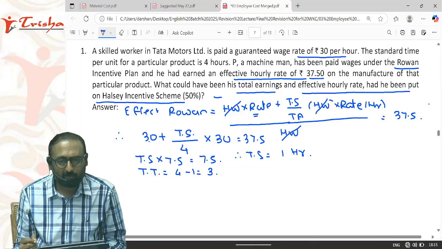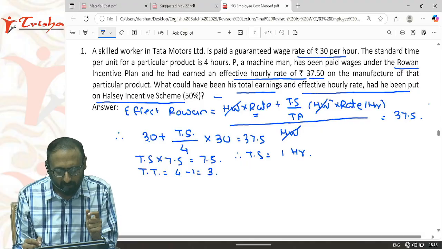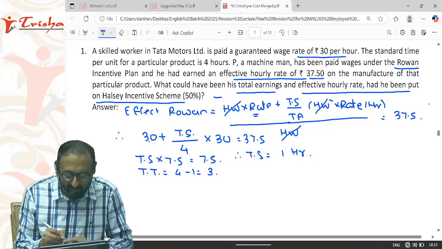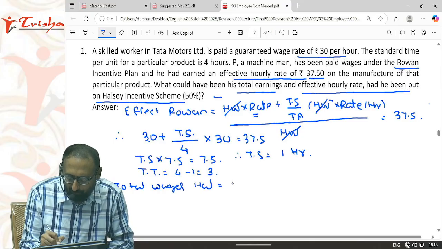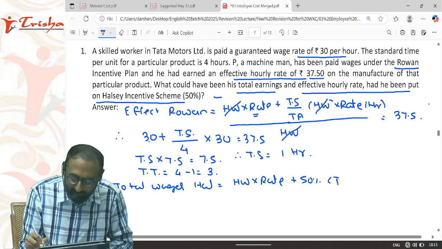Now what do we need to calculate? We need to calculate effective hourly rate and total earning if he applied the Halsey premium plan. Now tell me total wages under the Halsey premium plan. I'll write the formula for you: hours worked multiplied by rate per hour, plus 50% of time saved multiplied by rate per hour.